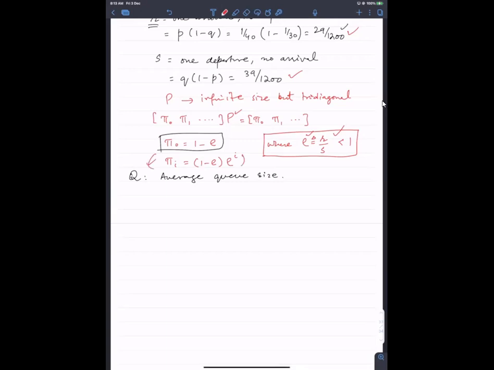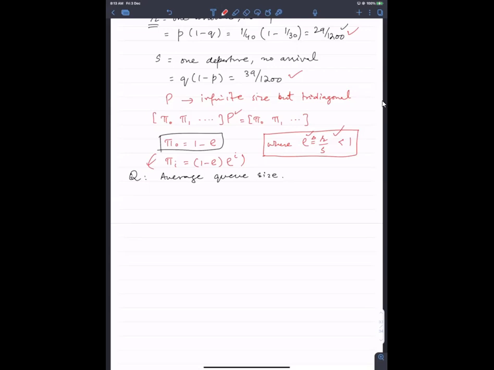Pi zero is the highest, pi one is smaller, pi two is further smaller, pi three is even smaller, and so on and so forth. So that means increasing queue sizes are decreasingly probable.